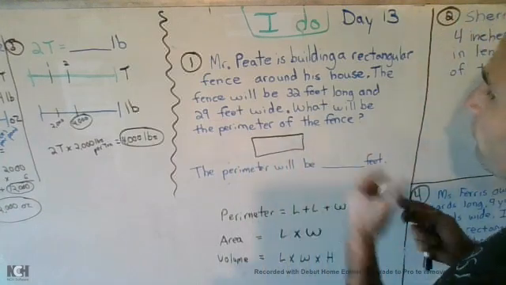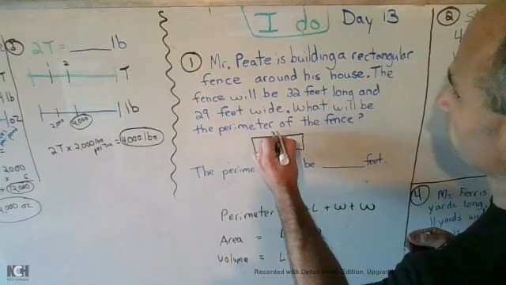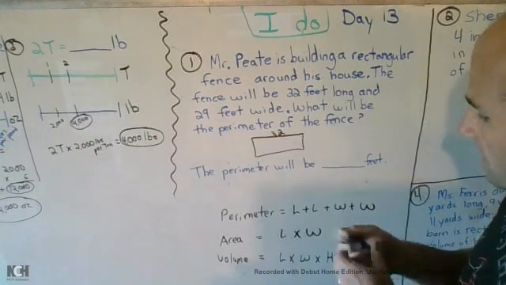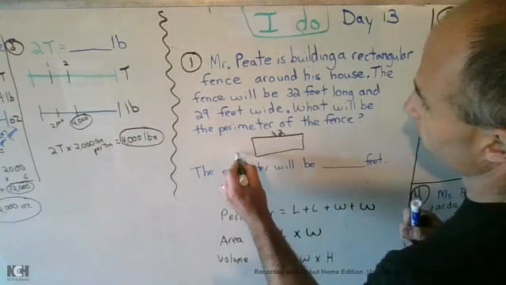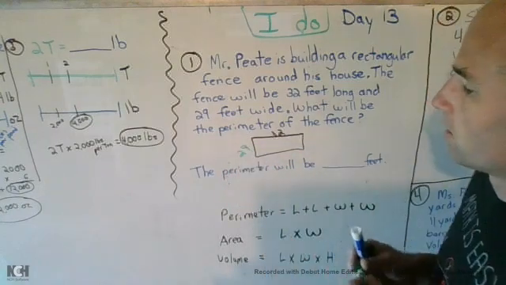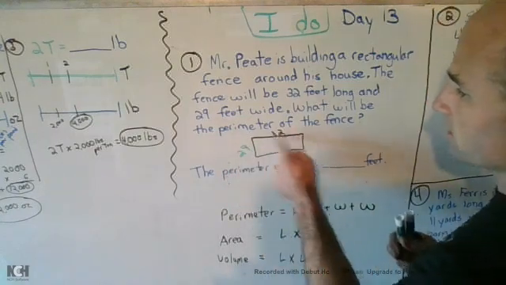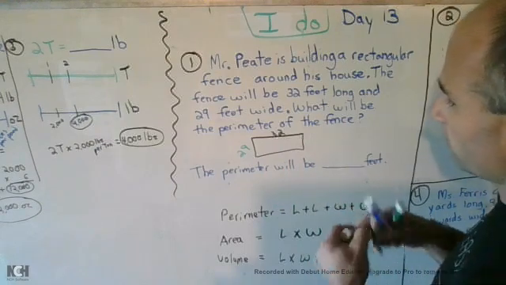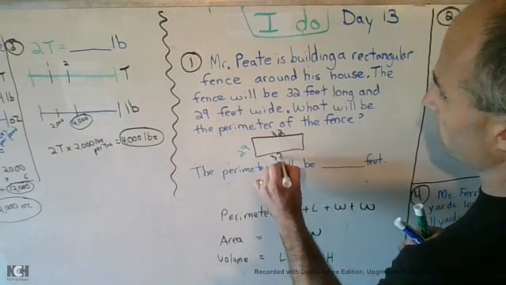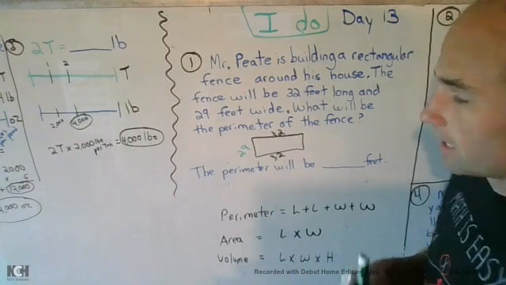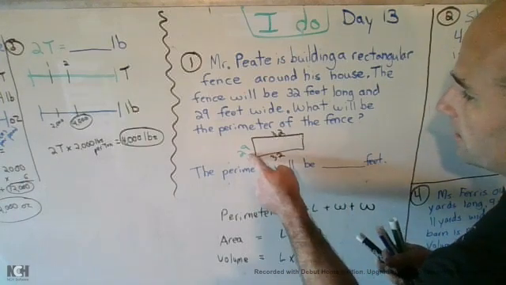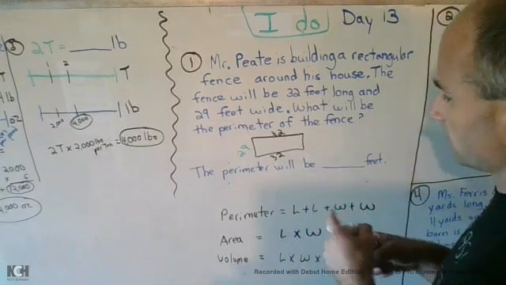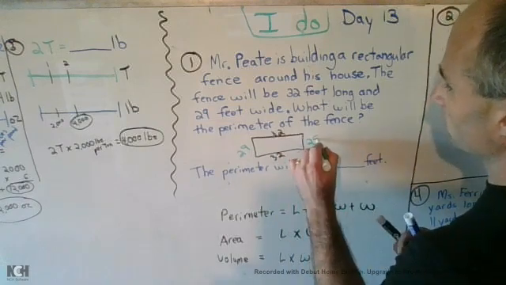So we have 32 feet long and it's 29 feet wide. Well, I know if this side is 32, the other side is going to be 32. And I know if this side here is 29, then this parallel side has to be 29.